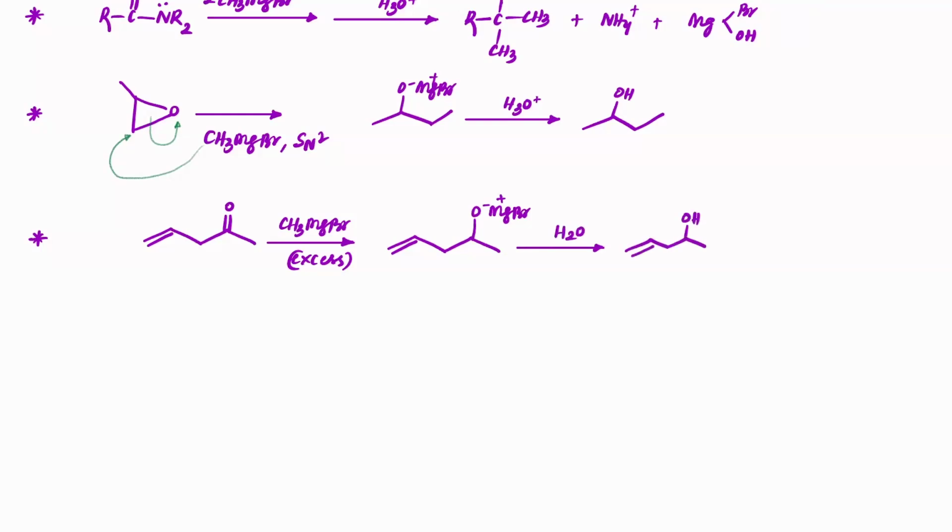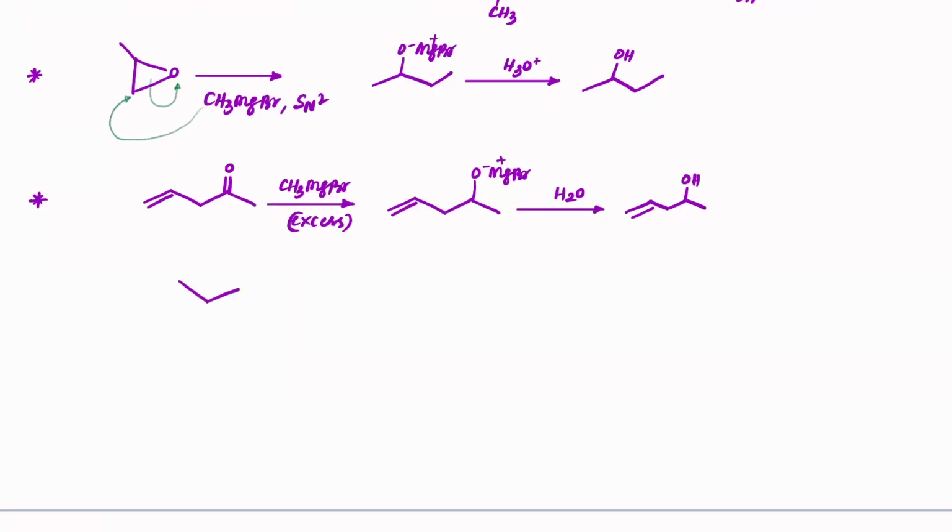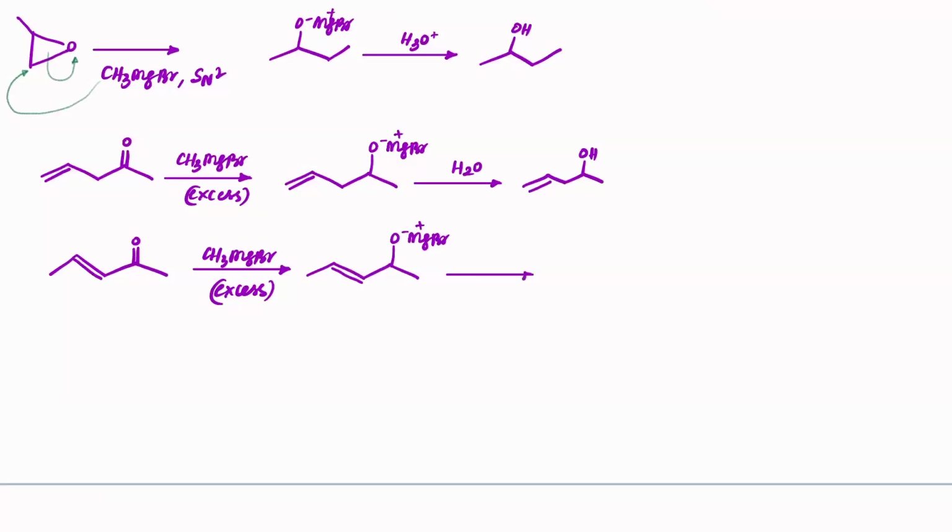Now, even if you have a conjugated form like this, so now I'm pushing the double bond to the other position, with CH3MgBr in excess, still you will end up getting the same type of product. MgBr here, while the double bond was here in a conjugated form, and after hydrolysis also you will end up getting the same type of product here, which is OH like this.